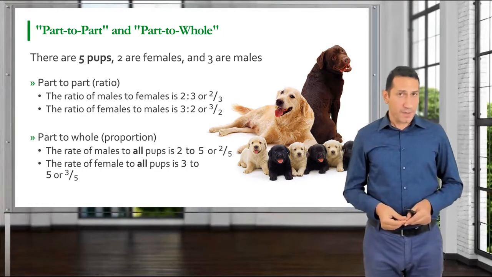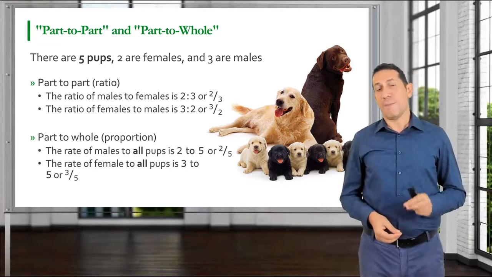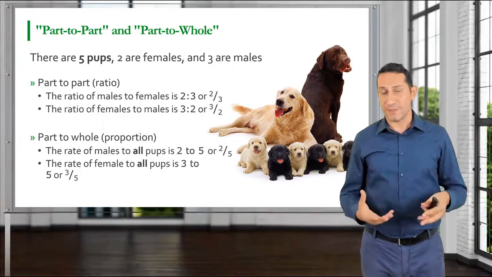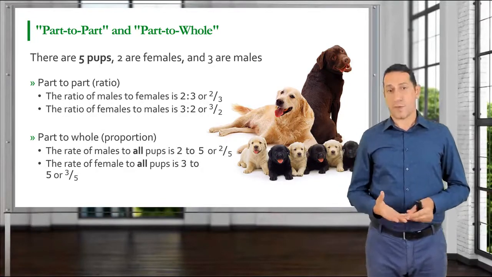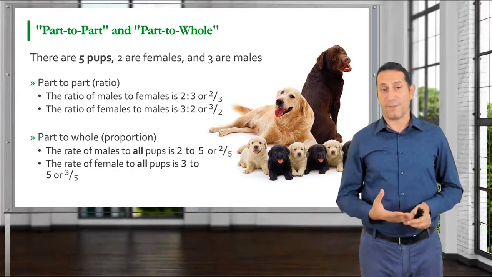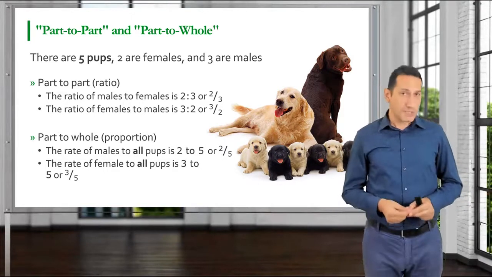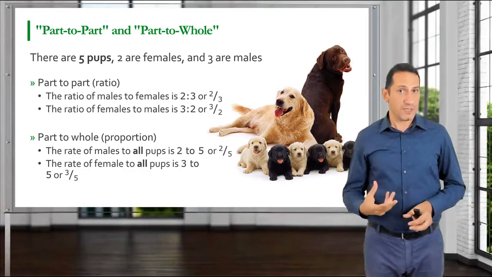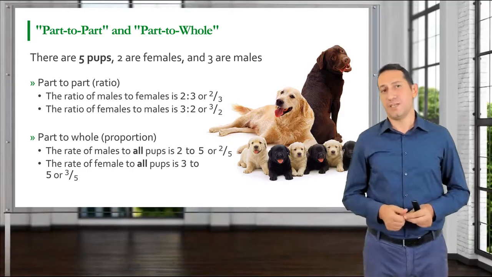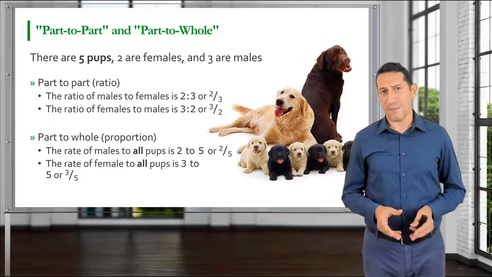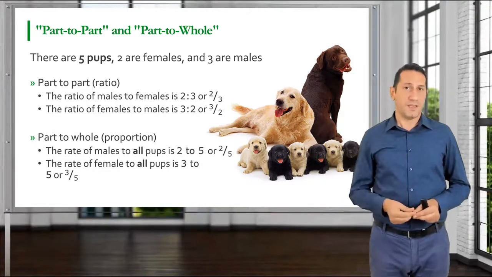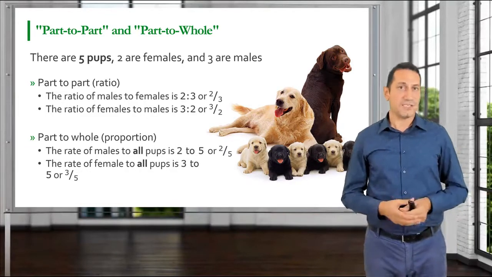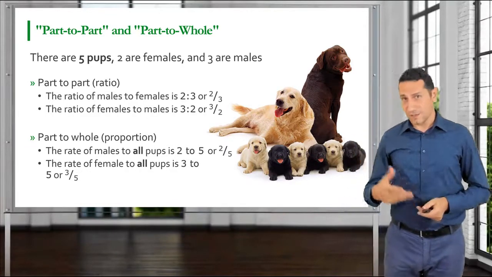When we talk about a proportion, then we say a part to the whole population of puppies, which is females to all puppies, it's 2 to 5, and males to all of puppies, it's 3 to 5. So technically it's a ratio, but it's proportional. If we specify, for example, that the population is not all puppies, but all the dogs, all the family, with the father and the mother, then the population definition changes. So I'm leaving that to you to do the math.